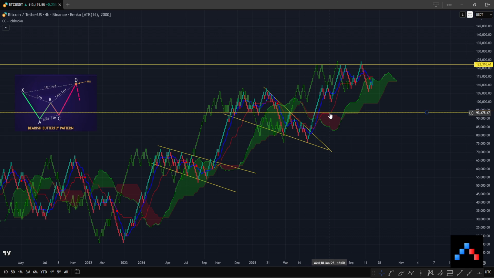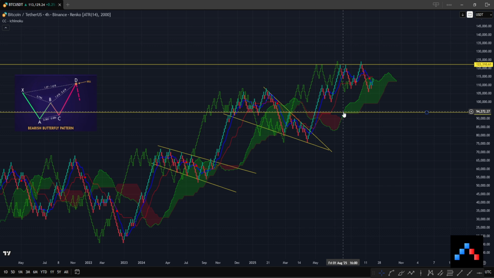What we know about the Ichimoku cloud is that when the leading span B is flat, it tends to act as a magnetic zone when the price action is coming for support. So this is another confluence for this level. We have support, resistance, Senkou B flat, and also a strong Fibonacci level.